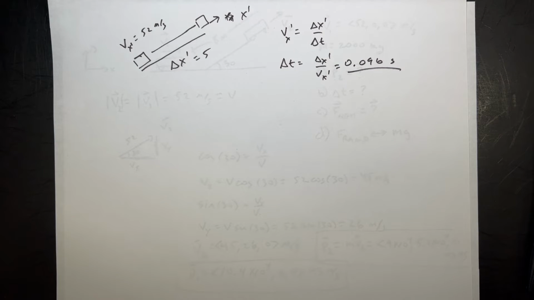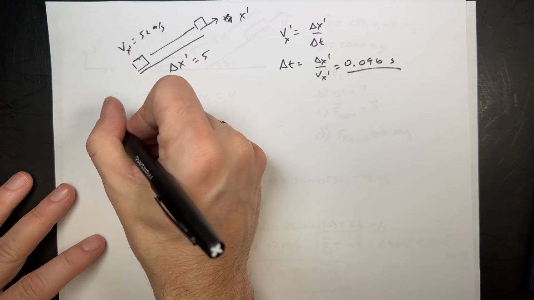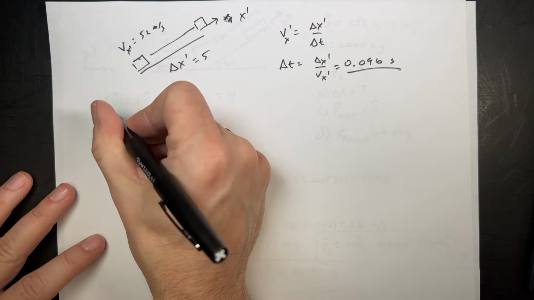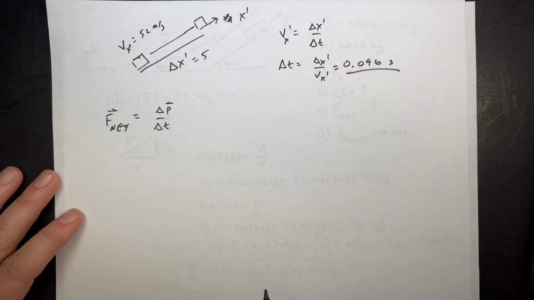Why do I care about that? Because I want to estimate the net force. So this is part C. F net is going to be delta P over delta T, the momentum principle.